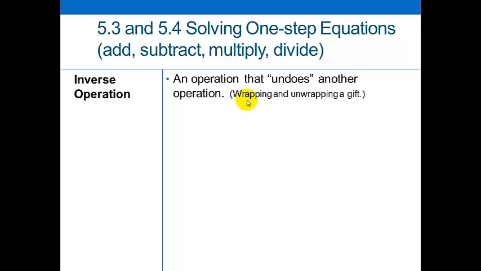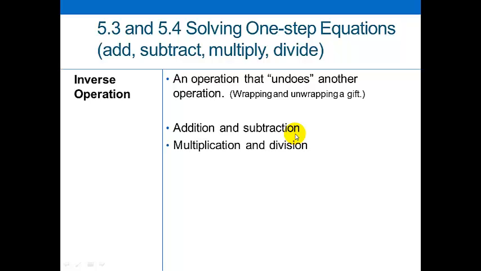So I like to think about it as wrapping a gift and then unwrapping it. So whatever you do to wrap the gift, to undo it, if you did it in a nice organized way, would be unwrapping it, and you'd get back to your gift. So we know that addition and subtraction are what we call inverse operations. They undo each other. And then multiplication and division are also inverse operations.